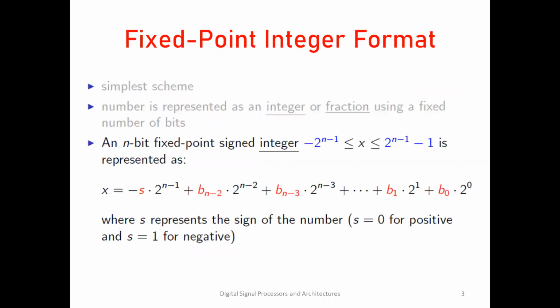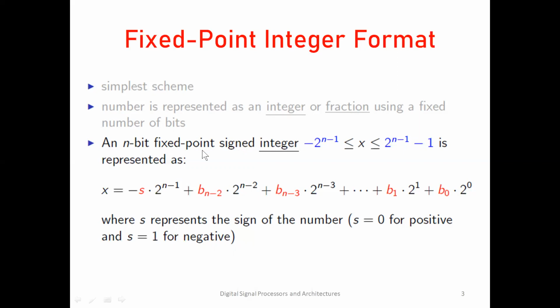Coming to the fixed point format, it can be represented in an integer format and also in a fractional format. Starting with the first one, the fixed point integer format is one of the simplest schemes available, and as we have just discussed, the number can be represented either as an integer or as a fraction.